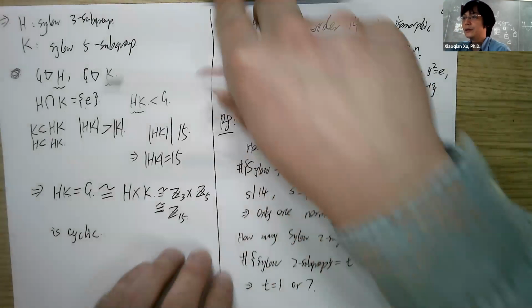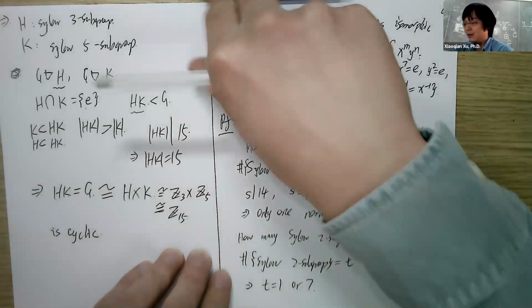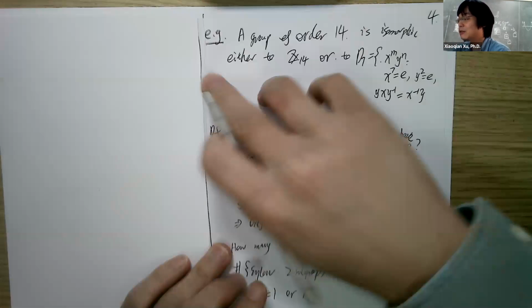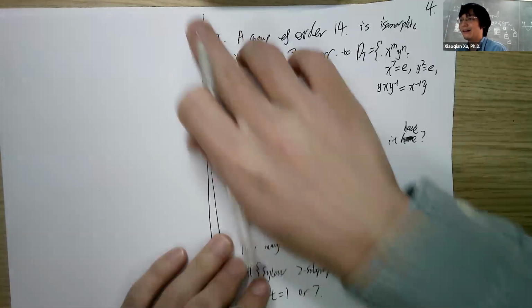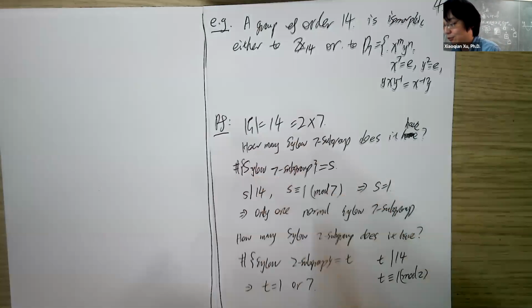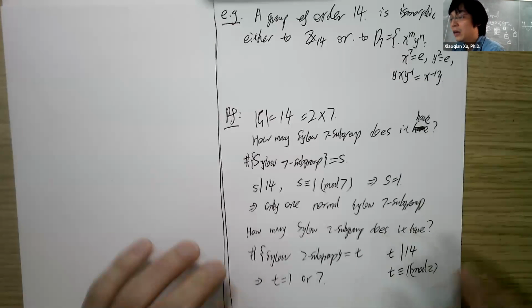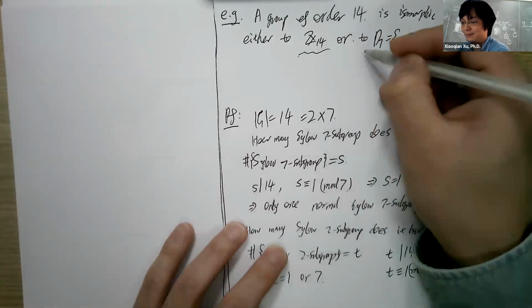So there are two situations when we classify groups of order 14. One is that you have one Sylow 2-subgroup. Another is that you have 7 Sylow 2-subgroups. It also wants us to show it's either this or that.